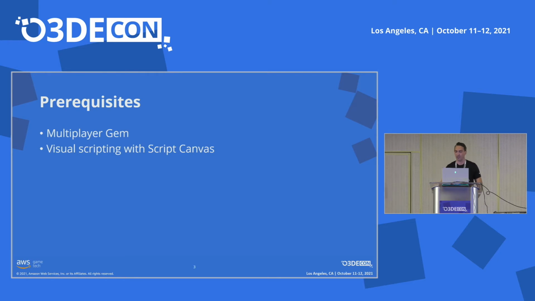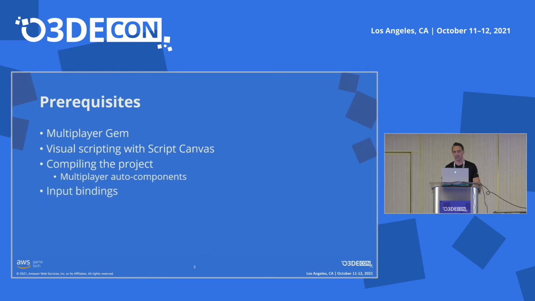So if you haven't already, you'll want to be somewhat familiar with visual scripting and O3DE's Script Canvas system. While we won't have to write any C++ code by hand, we will be using multiplayer auto components, which generate code for us, so we'll still need to compile.